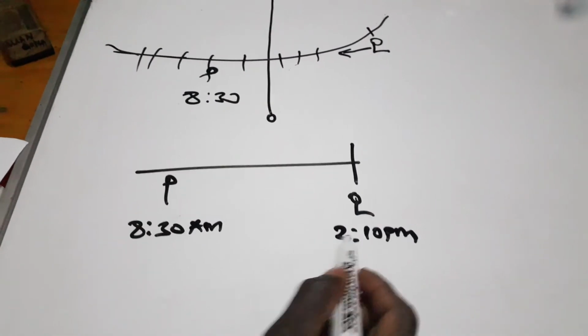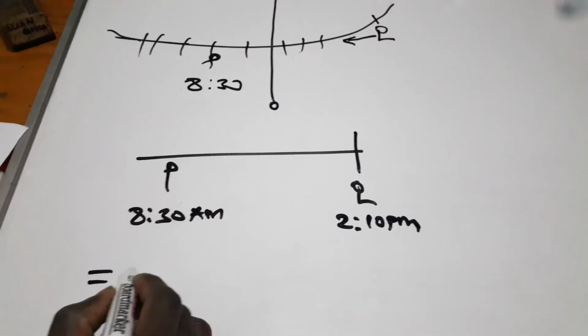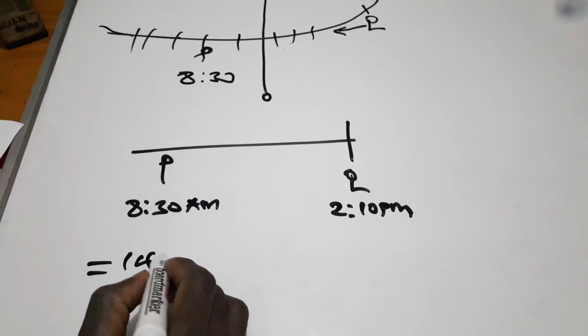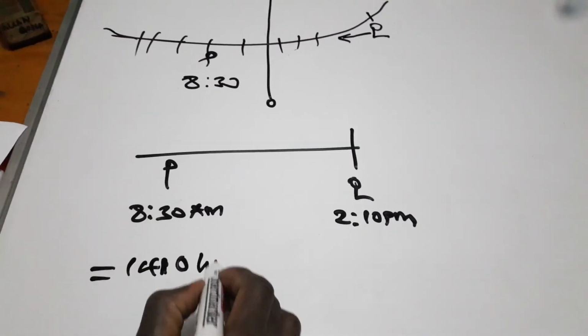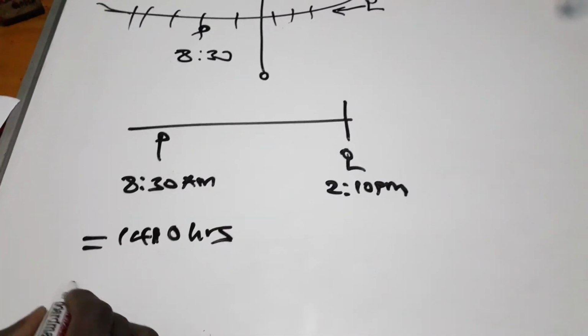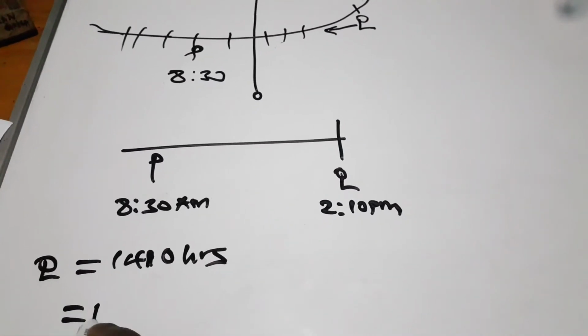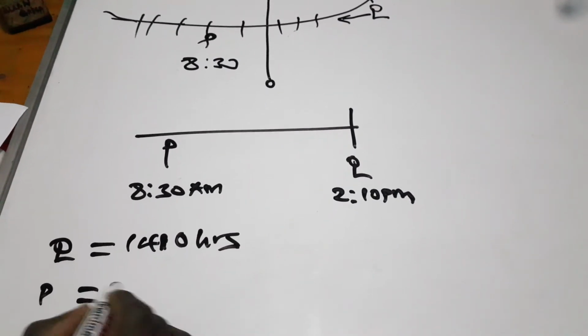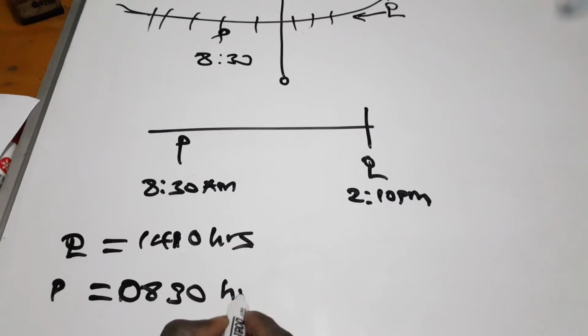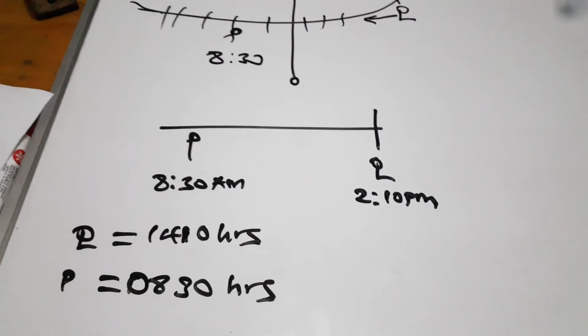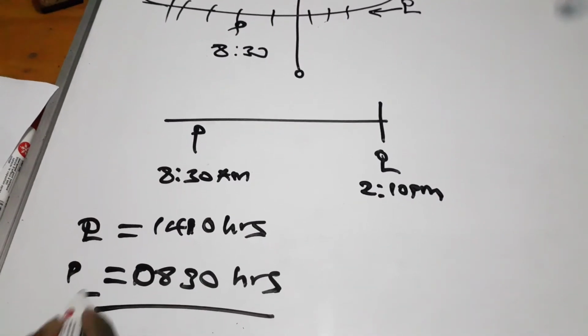So first, we're going to change this to 24 hours. It will be 14:10 hours, and then this is our Q, and P will be 08:30 hours. So for the difference, you're going to subtract.